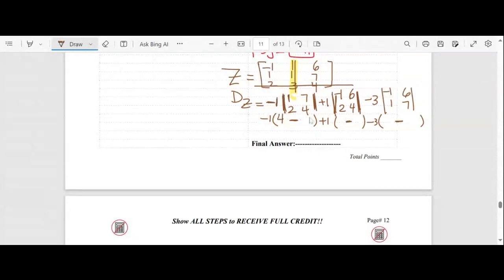1 times 4, 4. 2 times 7, 14. -1 times 4, 2 times 6, -1 times 7, 1 times 6. 4 minus 14, how much? -10. Times 1, 10. -4, -12, -16.